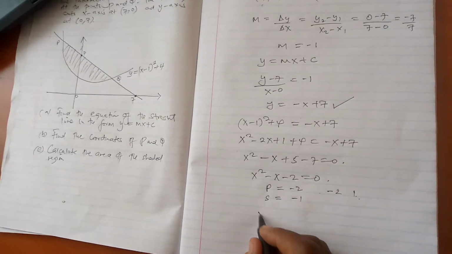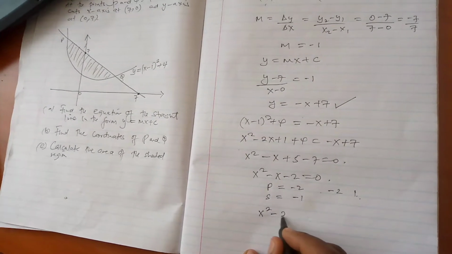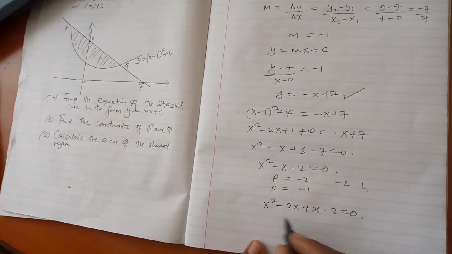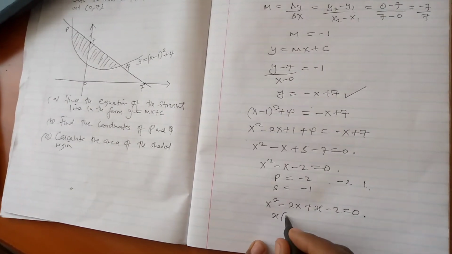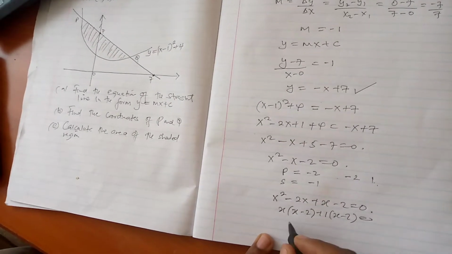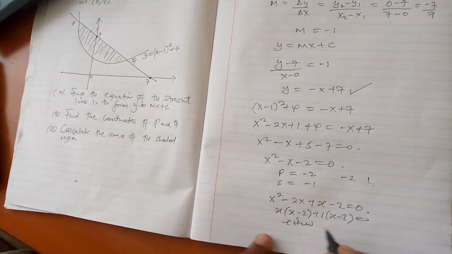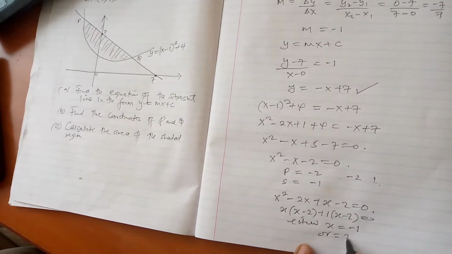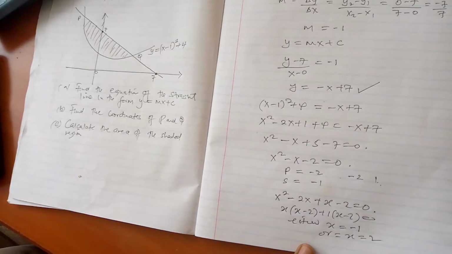So to factor this, we're going to have x squared minus 2x plus x minus 2 is equal to 0. We factor this x out, we're going to have x(x minus 2) plus 1(x minus 2), and so we can say either x is equal to minus 1 or x is equal to 2.